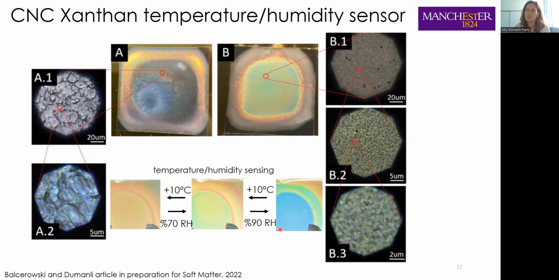And another thing we discovered is, because xanthan and cellulose are similar polysaccharides, they are sensitive to temperature and humidity. So we are able to do reversible changes in the structure by changing the temperature and humidity of the area as well.